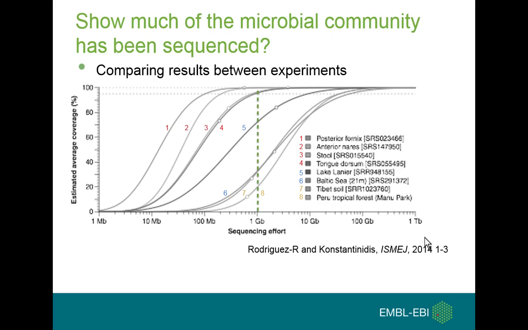However, if you're looking at some soil samples, you're probably only about 20 to 30% of the community at best. With aquatic environments, that can range massively depending on that aquatic environment. You might capture up to 50-60%, or it could be as little as 20.